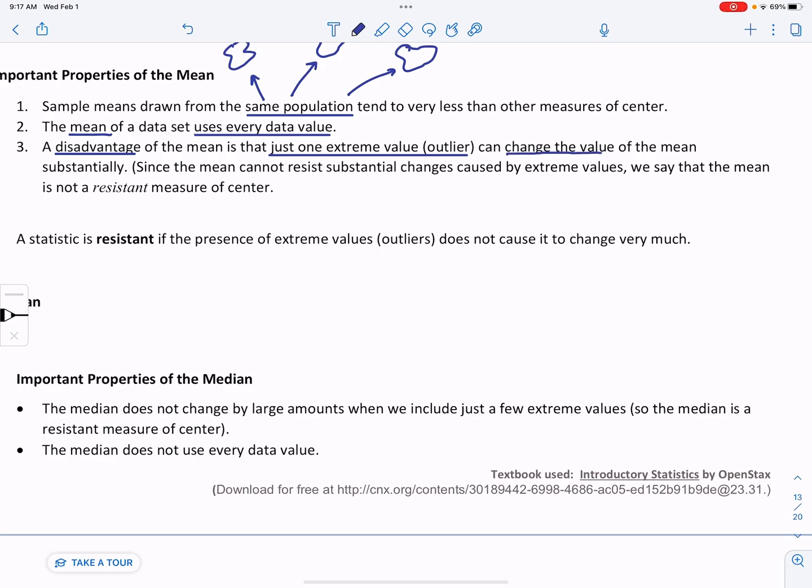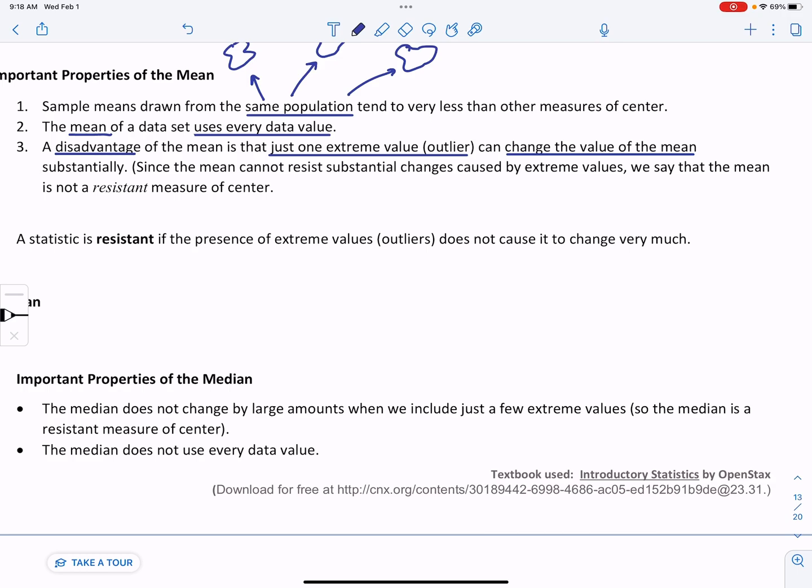And that's something you have to be careful with when looking at the results of studies that you see advertised. Just because they give you an average of the data doesn't necessarily mean that average represents what's really going on.